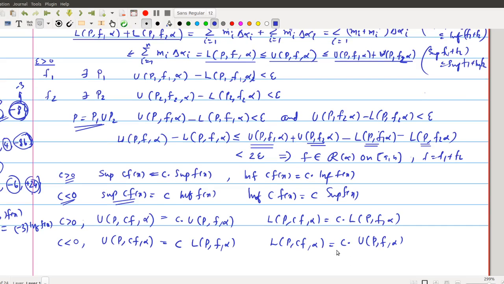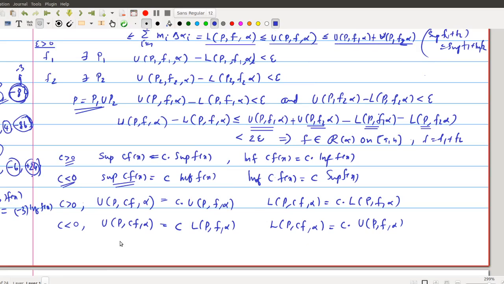If this holds, then if f is integrable, what is U(cf, alpha) minus L(cf, alpha)? In the case c greater than 0, this will be c times U(f, alpha) minus L(f, alpha).